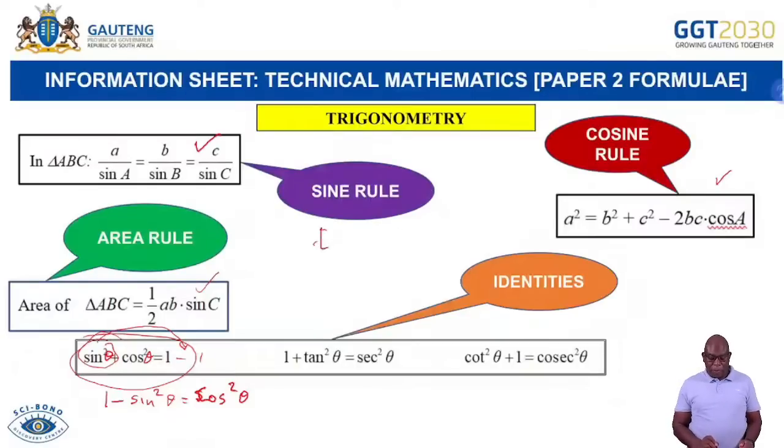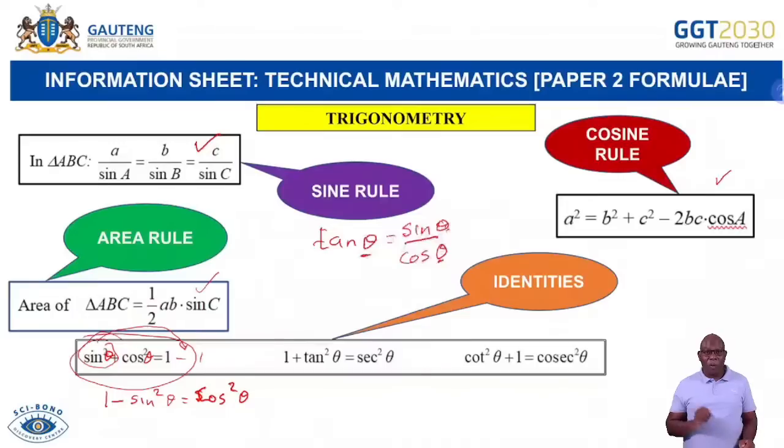I see people sometimes when we have tan theta, you write it as sine over cos. Please do not do that. It's sine of theta over cos of theta, depending on what angle is given. We don't want to see the sine without an angle or the cos without an angle, because it's a ratio, and that ratio must be with the angle. Okay.